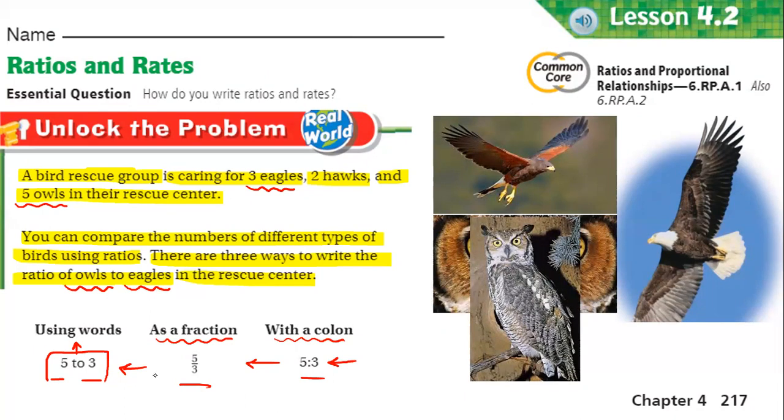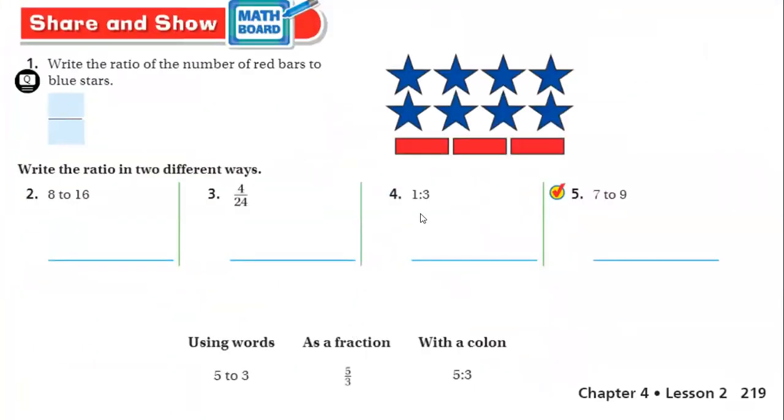Fahd, can you read the second way? 5/3, 5 to 3. Okay? So take care about this reading, please. It's important for you to know how to read ratios, and they are important because we're going to ask you how to write them in this question, Share and Show, questions 1, 2, 3, 4, and 5. So Fahd, complete and answer, please.